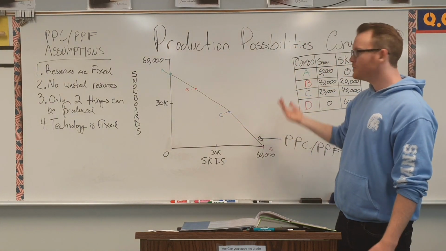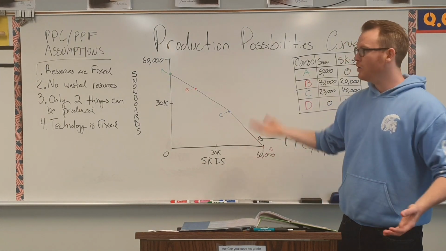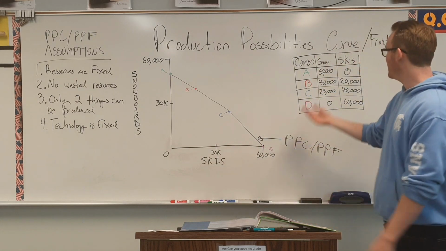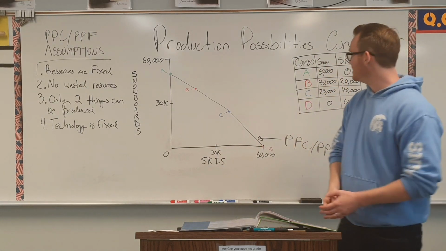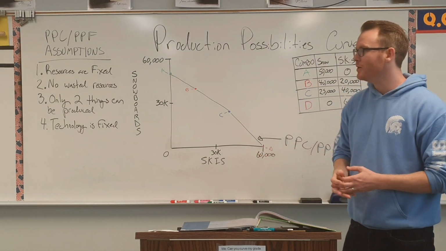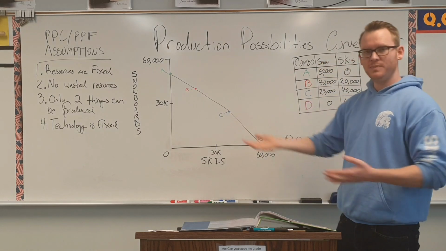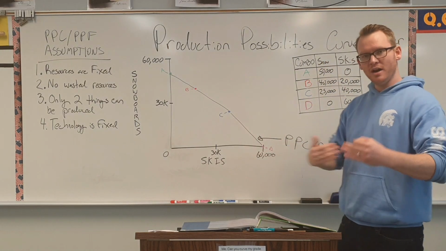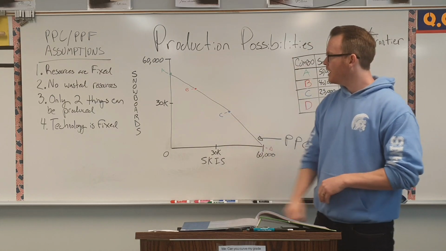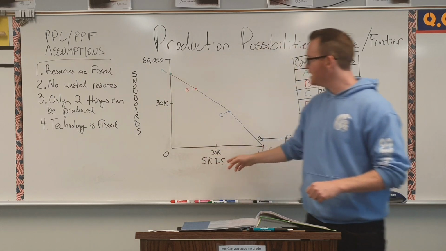Now, is it possible in actual production that, oops, somebody makes a mistake and cuts something wrong and you have to throw it out, and we would end up with 49,999 snowboards? Yes, that's very true, right? That happens all the time. However, for this thought experiment in understanding the trade-offs, we're going to assume there's no wasted resources. All right, so also we're assuming that only two things can be produced, snowboards and skis.